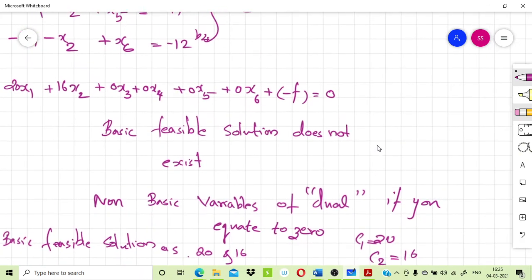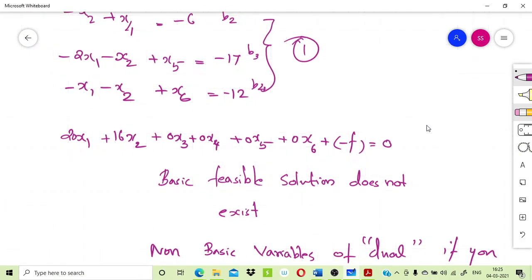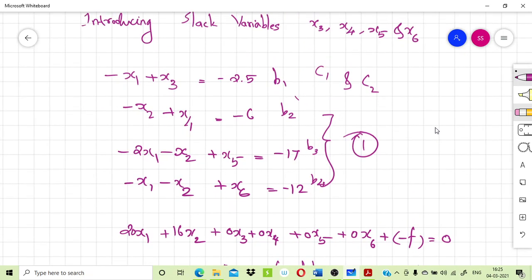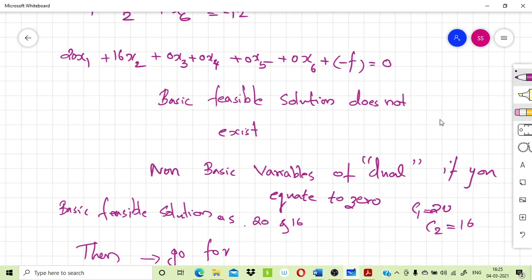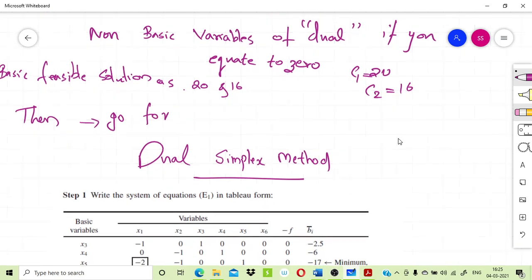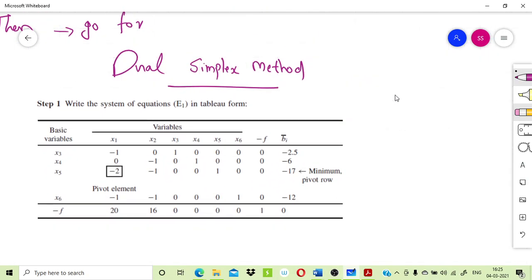For the first iteration, we are considering the basic variables as x3, x4, x5 and x6, which are our slack variables added to the corresponding constraints. Here the basic variables column will occupy x3, x4, x5 and x6.